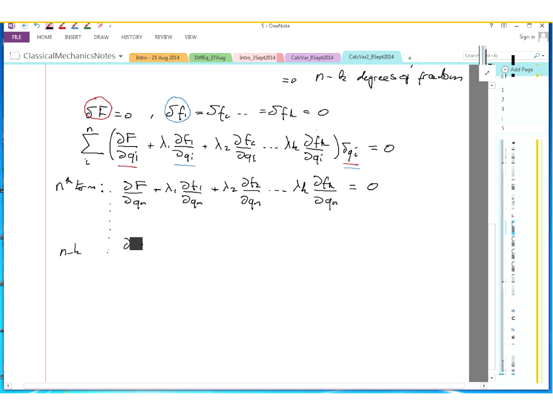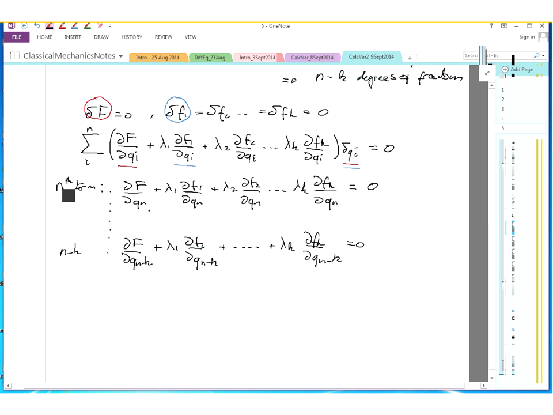So the n minus k term, that's ∂f/∂q_(n-k) plus lambda 1 ∂f1/∂q_(n-k), I'm going to skip that one, plus lambda k ∂fk/∂q_(n-k) equals 0.